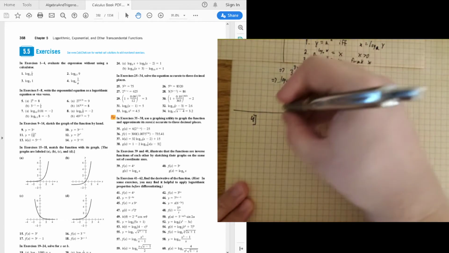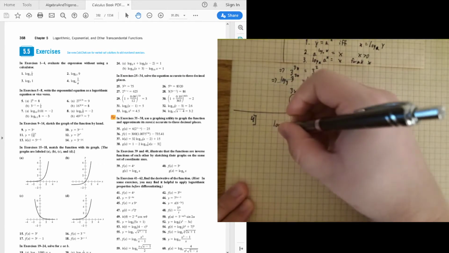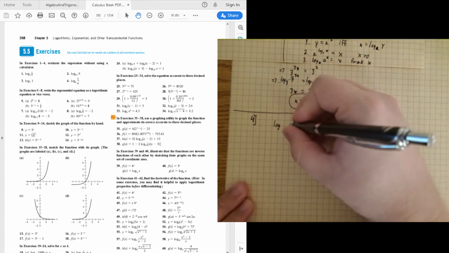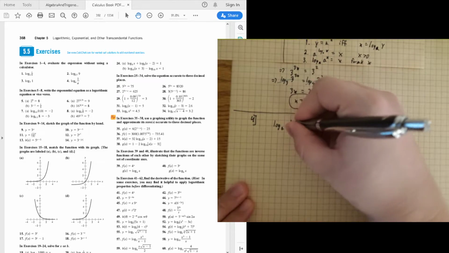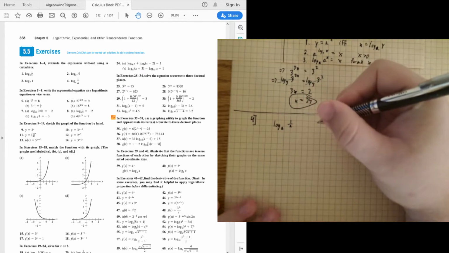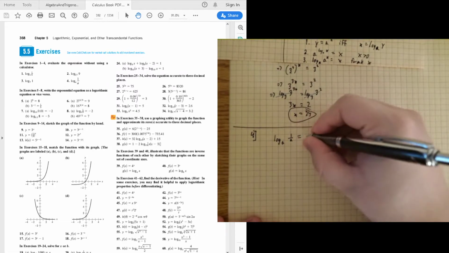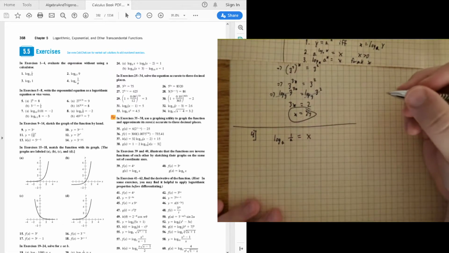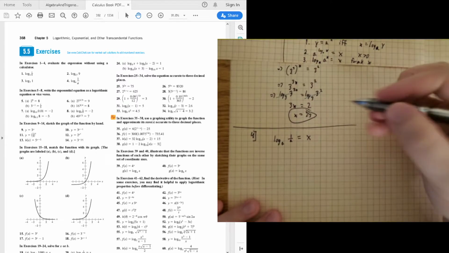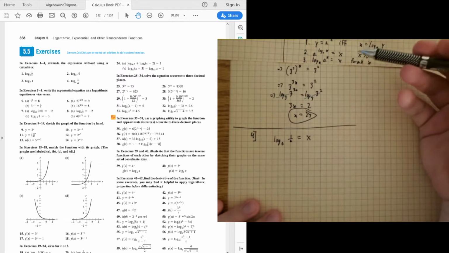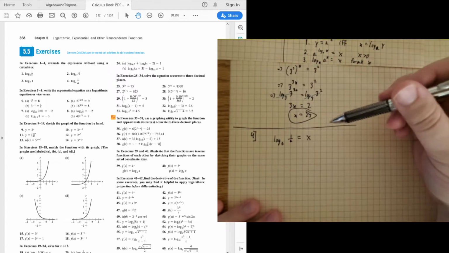Number 4 states log base a of 1 over a. Okay, let's do it. So like before, I'm going to make my first step set it equal to x. A good step here is usually to rewrite it, but you don't have to. And in this case, I'm not really going to.